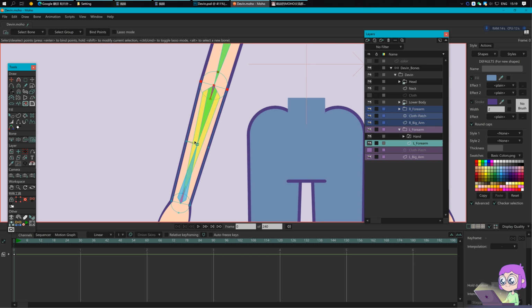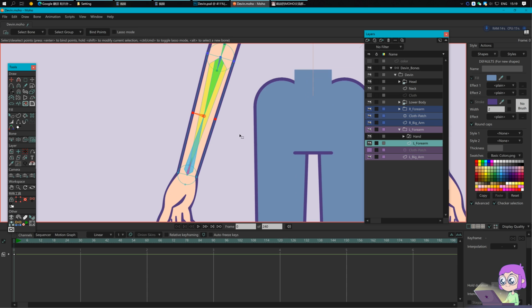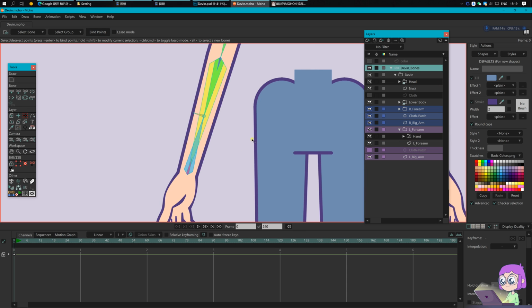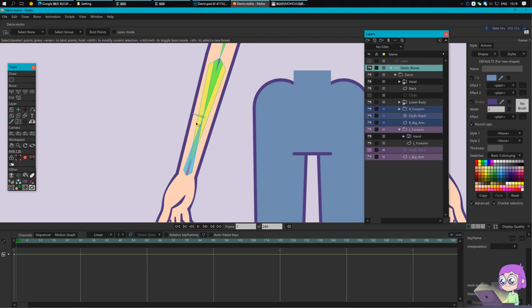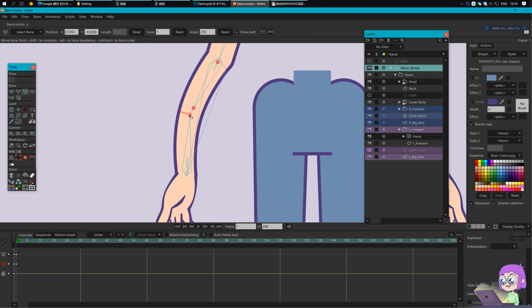And bind points. Set the angle control bone of the joint bone to the medium length bone.